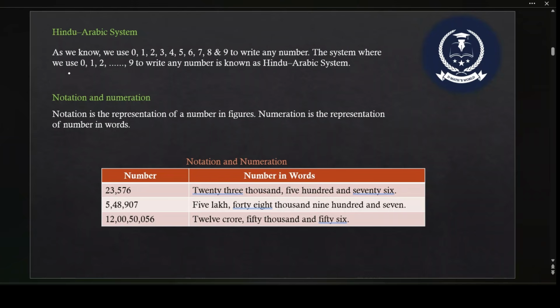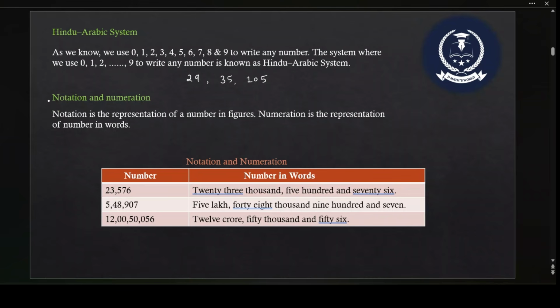The system where we use 0, 1, 2 until 9 to write any number is known as the Hindu-Arabic system. So if I write 29, it is a Hindu-Arabic number. Writing 35 and then 105, I'm using these digits to represent numbers.